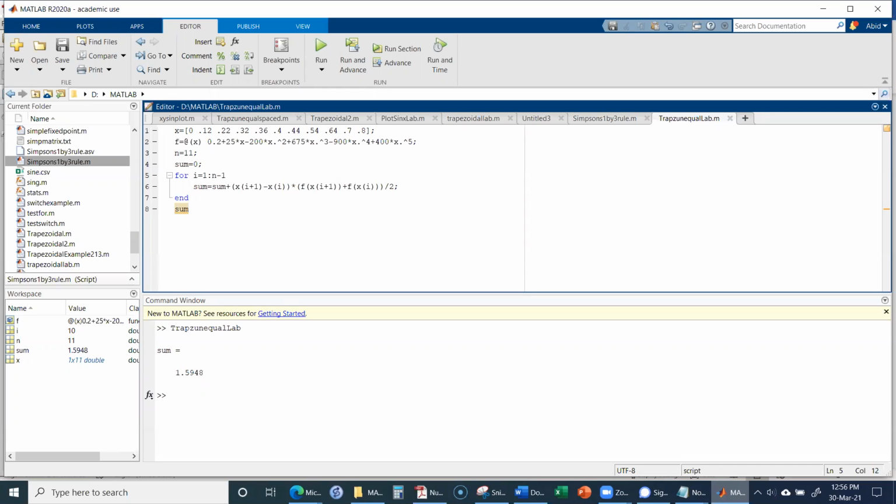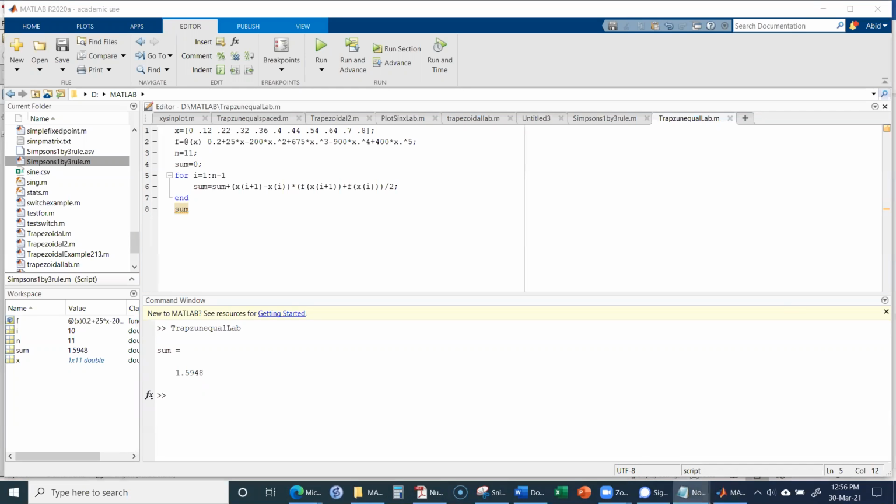Do you have any question about this? Is it clear? If we will be making a table with the results, we also need like 2 for loops as in the trapezoidal, right?